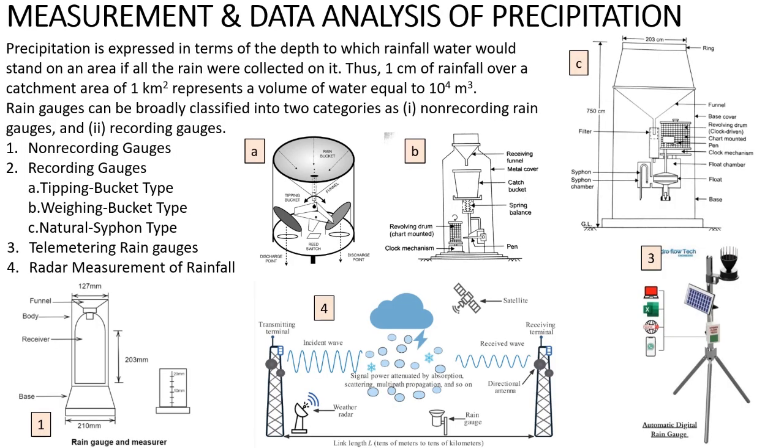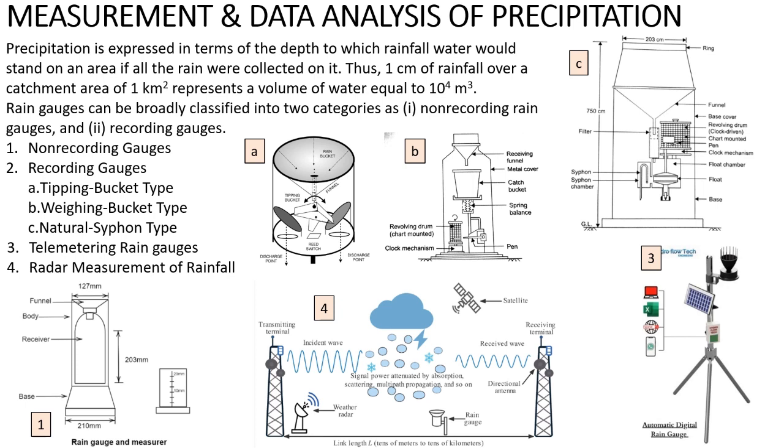The measurement and data analysis of precipitation. We have on the slide mga different instruments in measuring and accumulating data ng mga precipitation. So these are rain gauges. They are placed in areas of study, actually all over the Philippines, syempre. So we have non-recording gauges. Example is itong number 1.